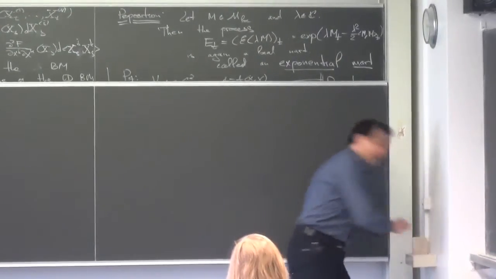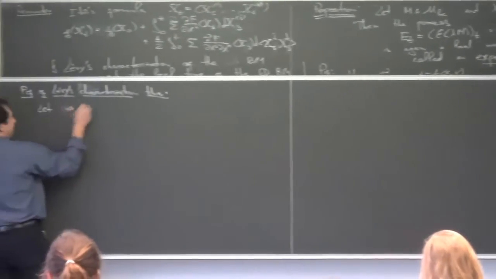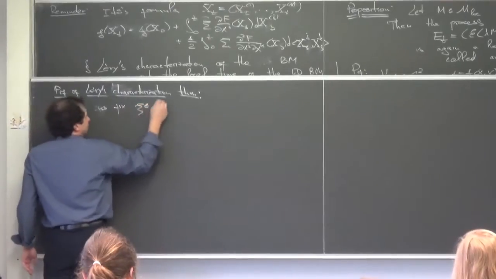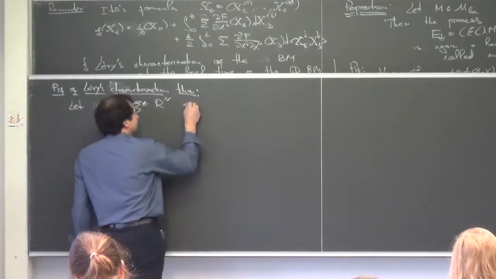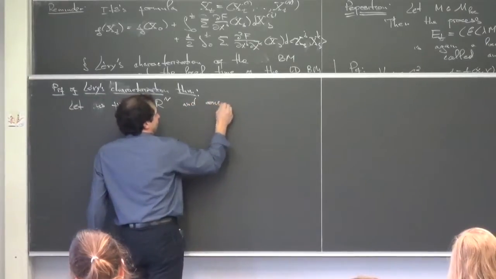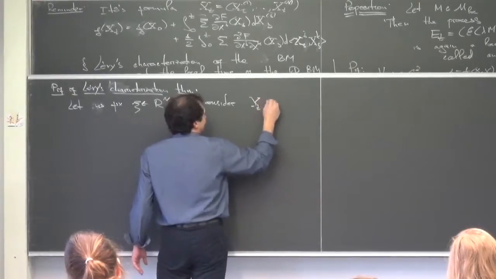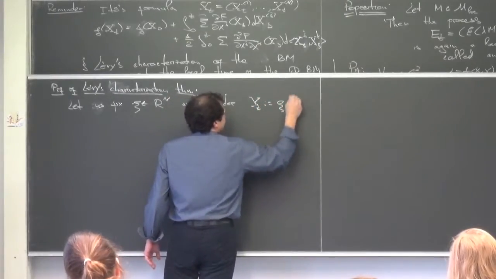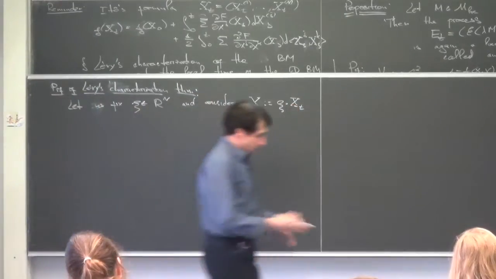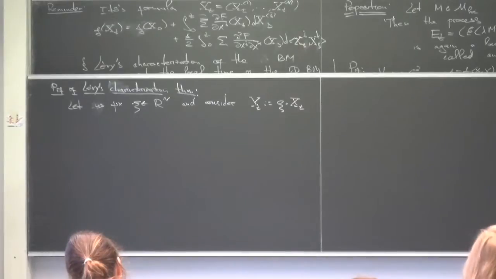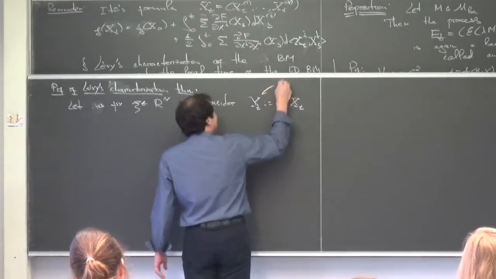And let us fix a concrete vector xi and consider the scalar product. It's just the scalar product in R^d. So what I'm doing, basically, is a reduction to the one-dimensional case.